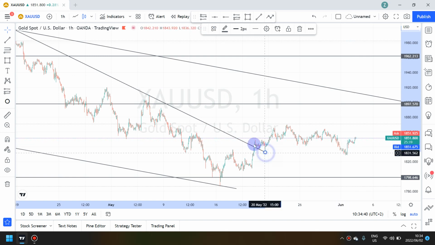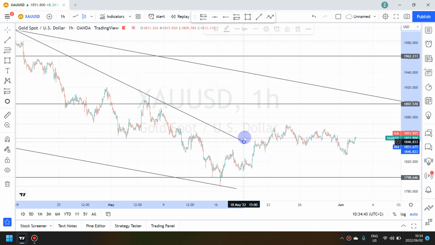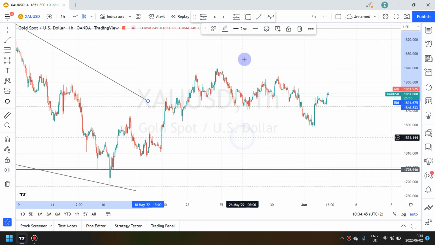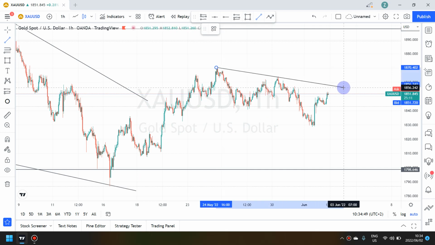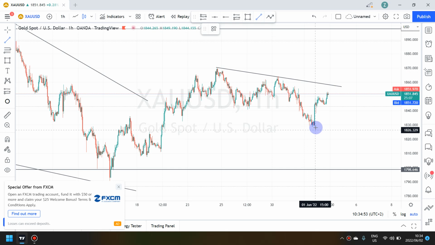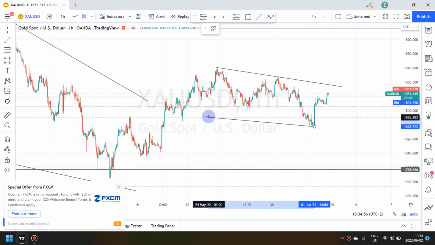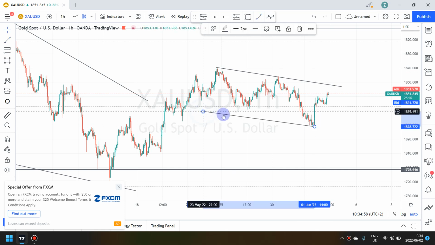One thing that I'm seeing from this pair is some sort of a flag. I'm seeing some sort of a flag here, so I want to cater for that.